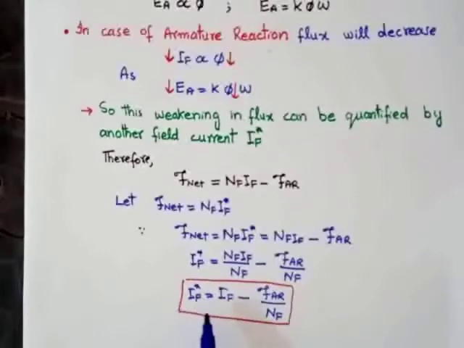This is the same nonlinear analysis as we have already done in the DC motors. There is no difference. This is the same analysis as we have already done in the DC motor in detail. So if there is no compensating winding, we can calculate the field current after the reduction in actual field current by using this formula.